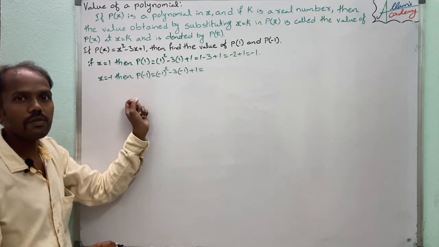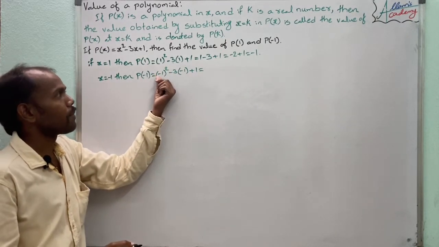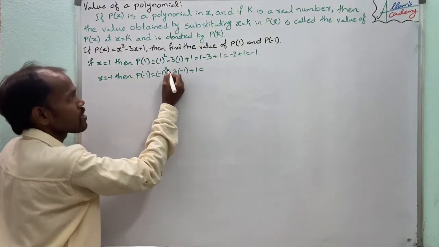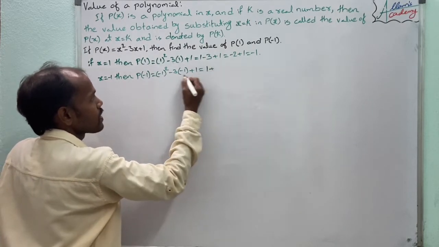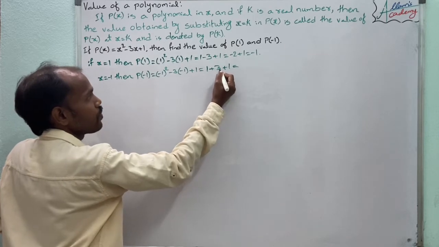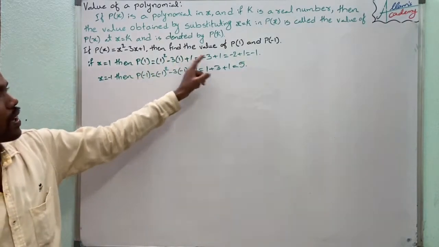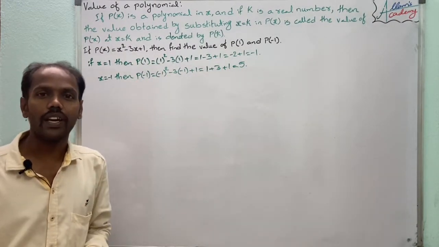Minus 1 whole square, it is an even power, so we get a positive symbol. 1 square means 1 only. Minus into minus is plus, 3 times 1 is 3, plus 1: 1 plus 3 is 4, plus 1 is 5. So p of 1 equal to minus 1, p of minus 1 equal to 5.